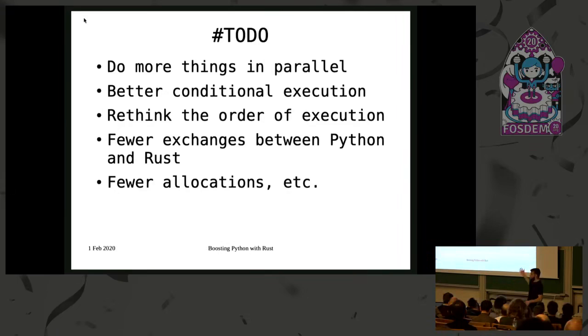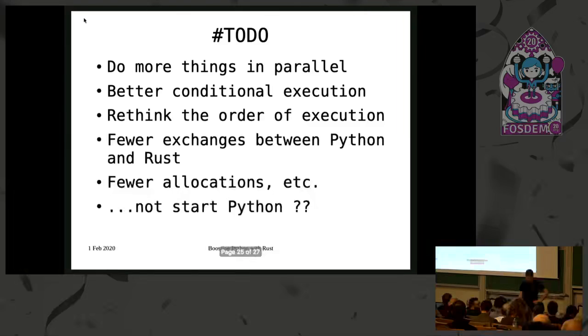Of course, the usual suspects of optimization. So you basically allocate less in general, make fewer allocations, even if you have to allocate the same amount of memory, using memory alignment, all that kind of stuff. And something maybe a bit more controversial in this room, not start Python at all.